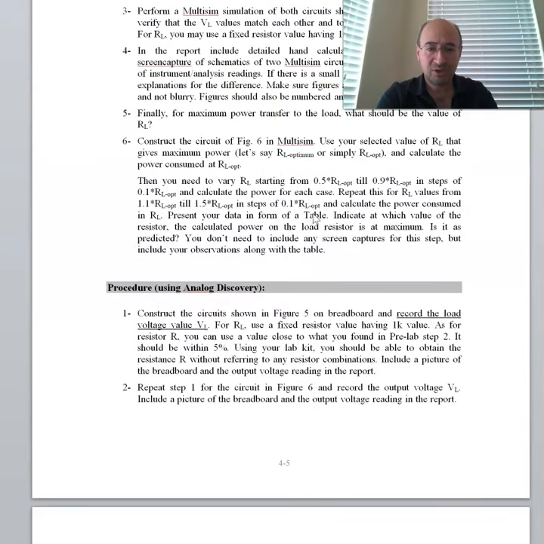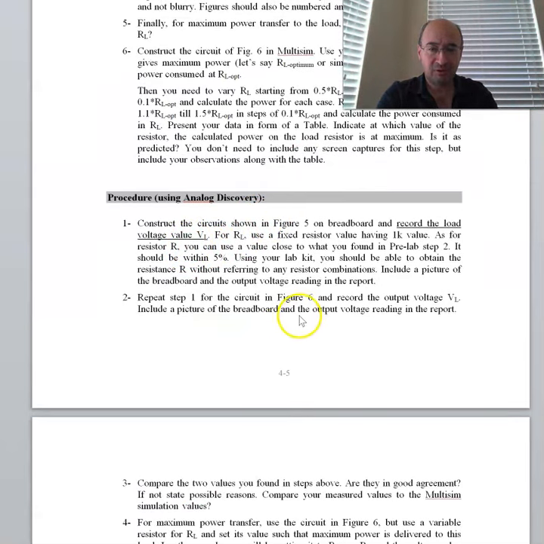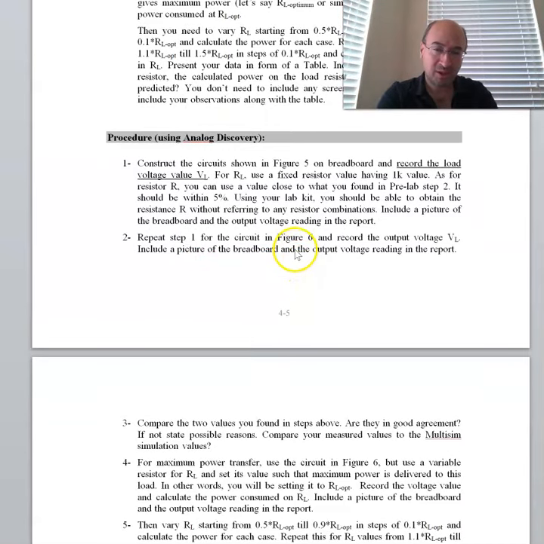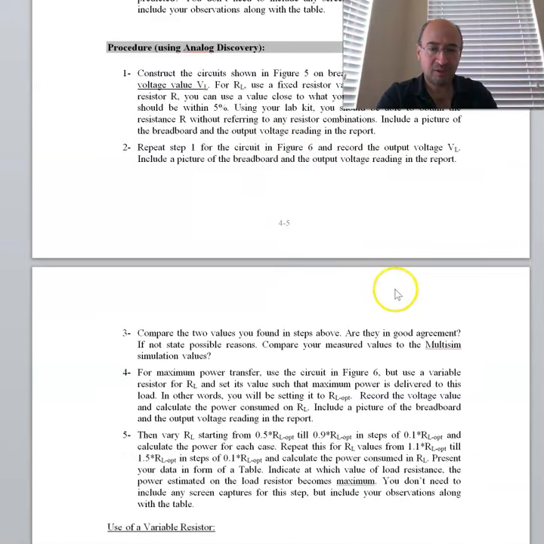Once you construct figure 5, you record the load voltage, and then you repeat it with the Thevenin equivalent, and I'm hoping that RTH can easily be constructed using a few resistors that are in your component box. You again compare the two values, and then compare to the values measured in Multisim.